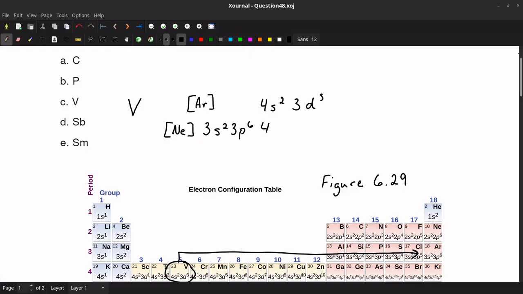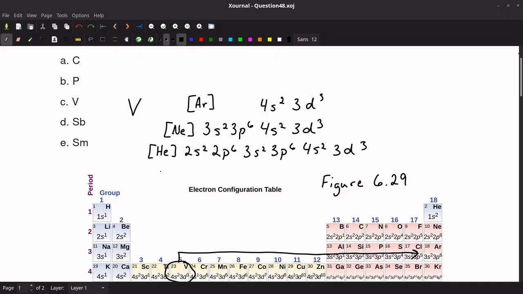We still have this valence portion here that needs to get carried down. And neon is 2s2, 2p6 with a helium core. And then helium is 1s2.